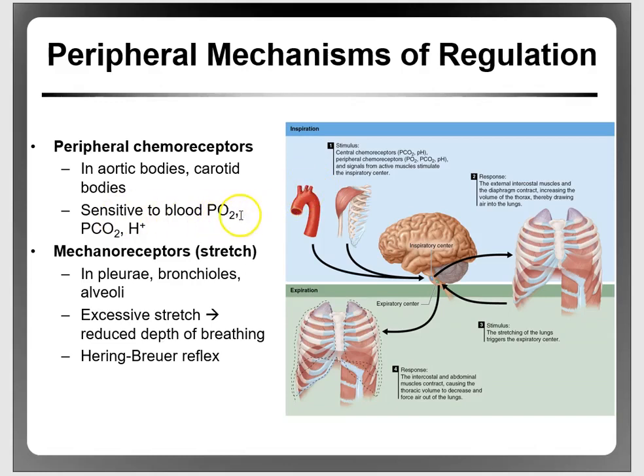They're sensitive to the partial pressures of oxygen, also CO2, and hydrogen ion accumulation. And mechanoreceptors are just stretch receptors, and so they detect changes in size or shape or movement, however you want to think of it, of the thoracic cavity. When there's excessive stretch, that's going to lead to a reduced depth of breathing, and that's the Hering-Breuer reflex. All right, that's it.